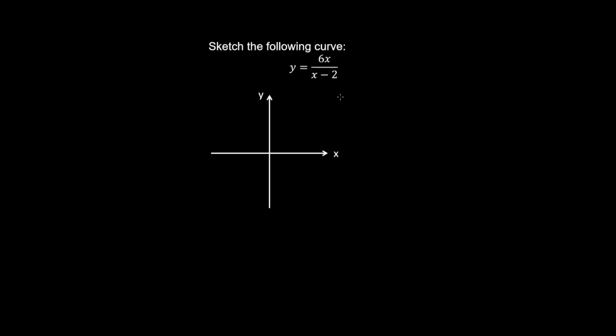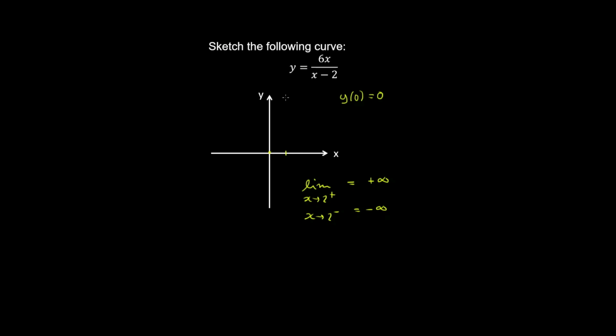Let's sketch the following curve. So y of 0 is equal to 0. So that's our first point on the curve. And if we take the limit as x approaches 2 from the right hand side, well, what we'd get is plus infinity. And as x approaches 2 from the left hand side, we get minus infinity.